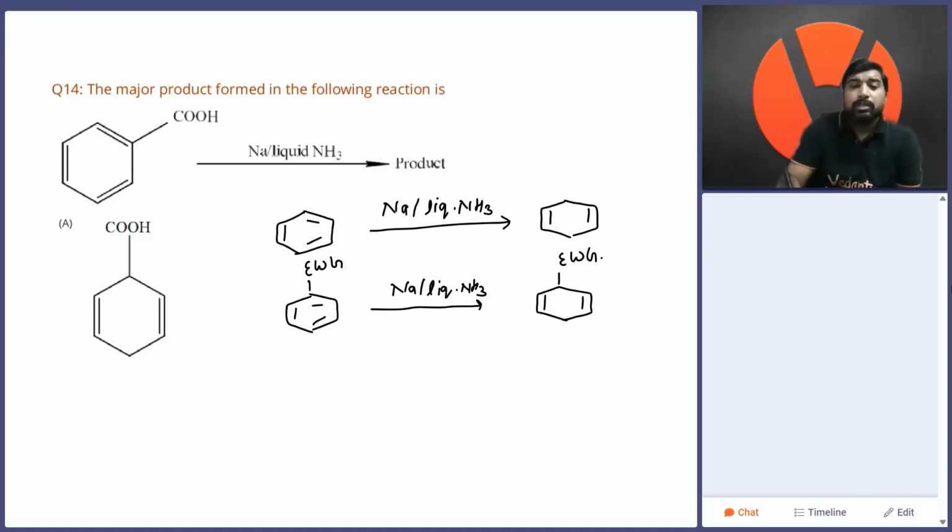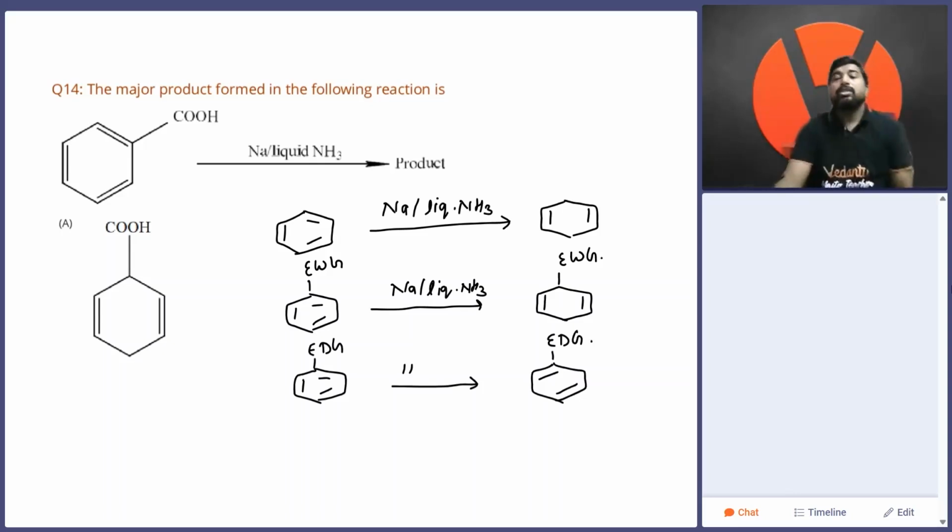If suppose there is an electron donating group present, then the product should be this. You just need to remember these two reactions. So from here COOH is the electron withdrawing group. So from here we can say option A is the right option.